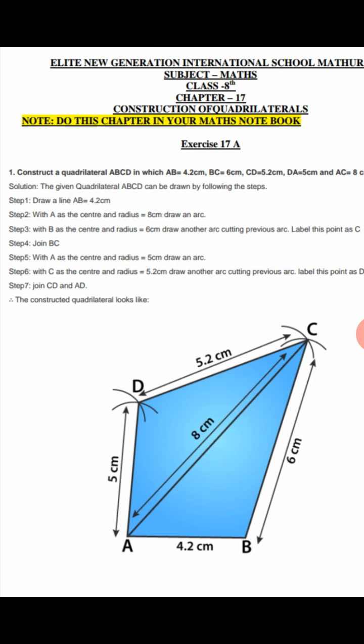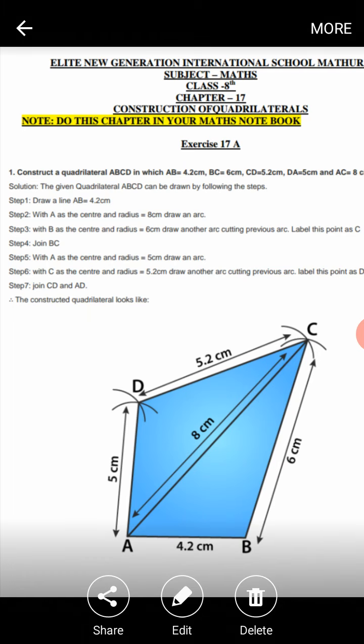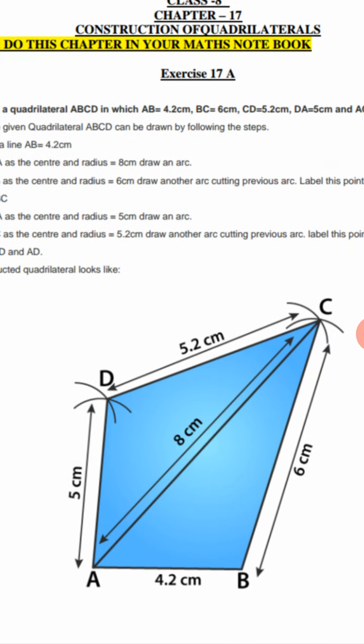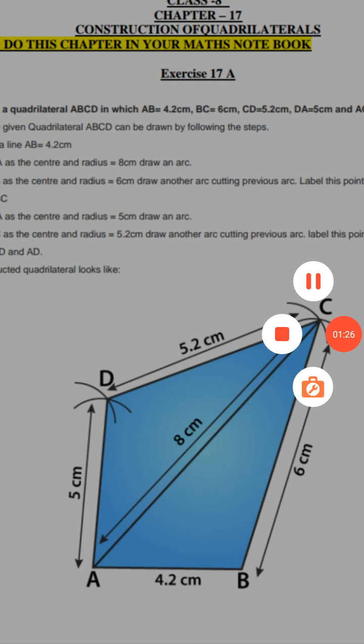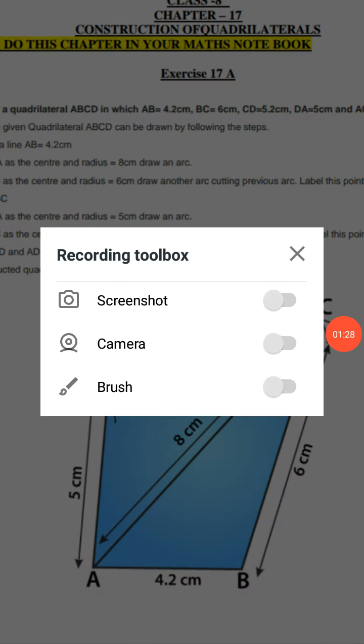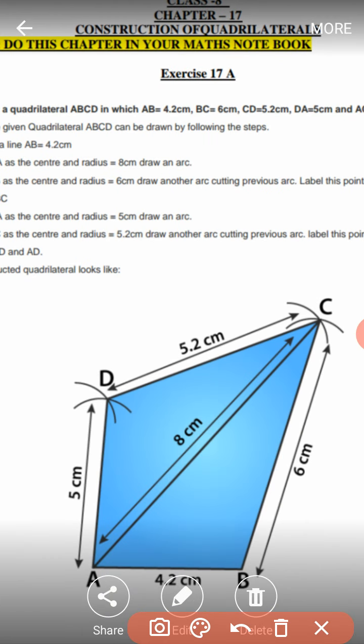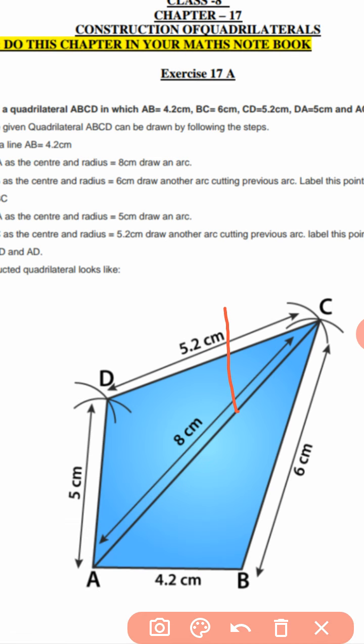So step number 1, draw a line AB equals 4.2 centimeter. Here we have to draw this line AB with the help of scale.